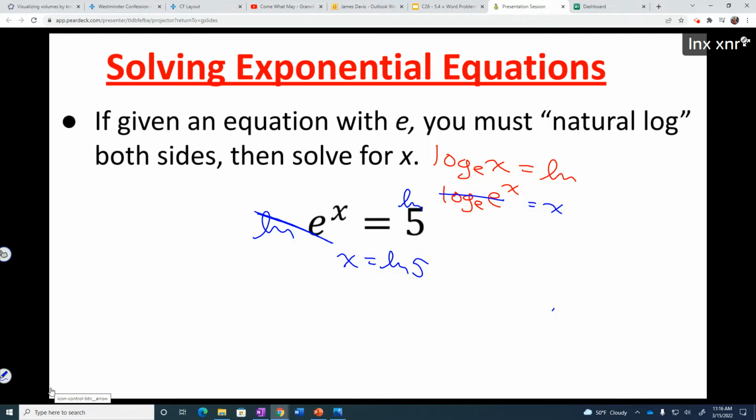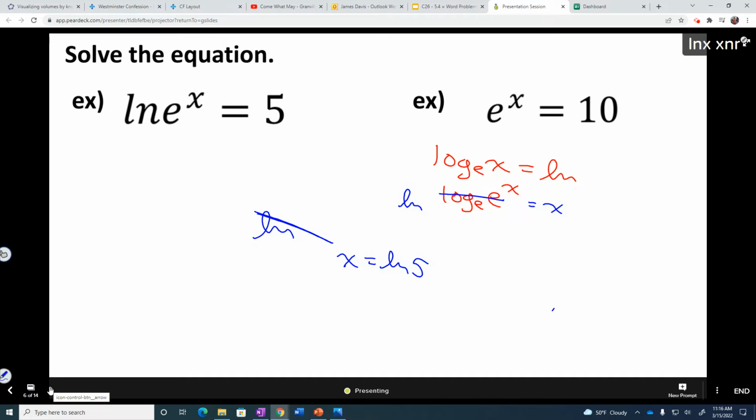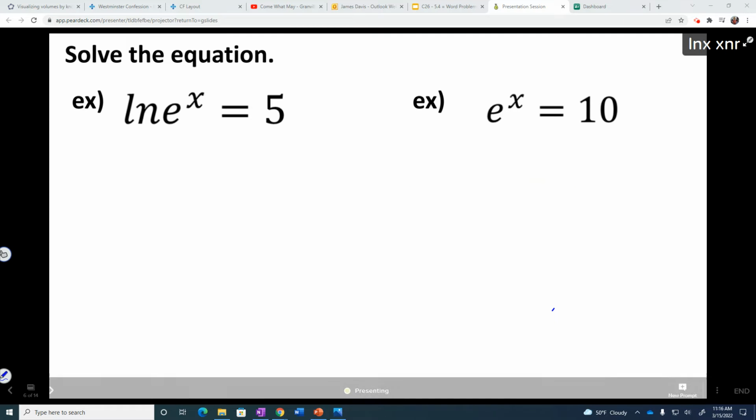All right, so that's the basic gist of what we're going to do before we get to the word problems. Just a couple more examples. So the natural log of e to the x equals 5. What would be the solution to that?